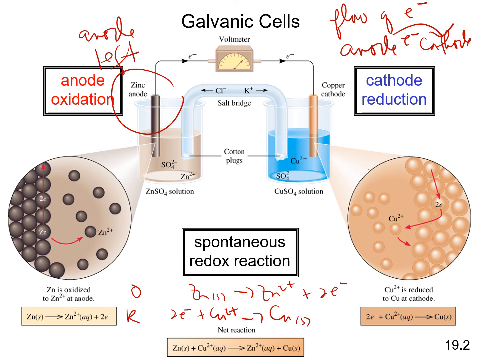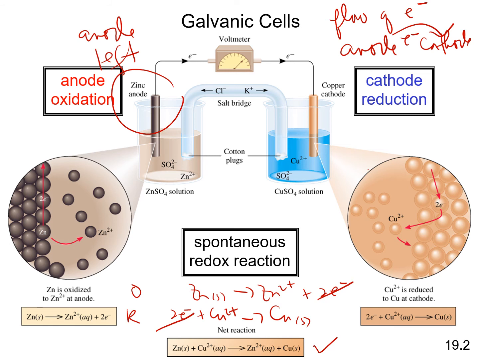If you look at the electrons, they have the same electrons on the left and on the right, so they can be cancelled, and then you just add the remaining. So you have this net reaction: zinc solid plus copper 2 plus forming zinc 2 plus and copper.